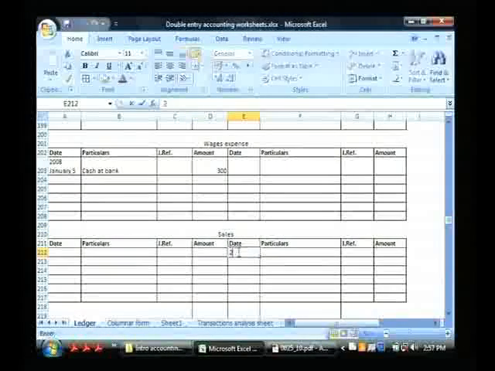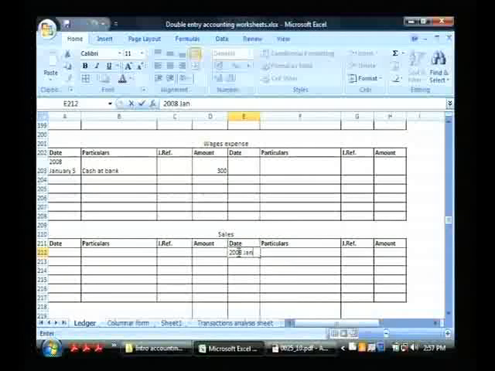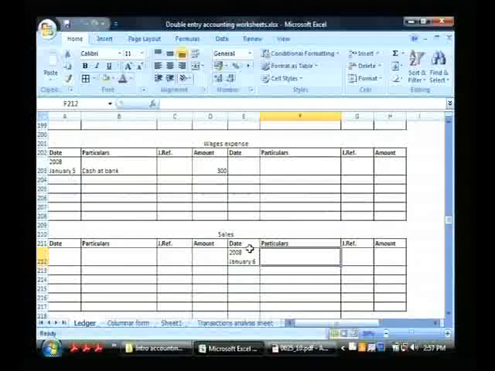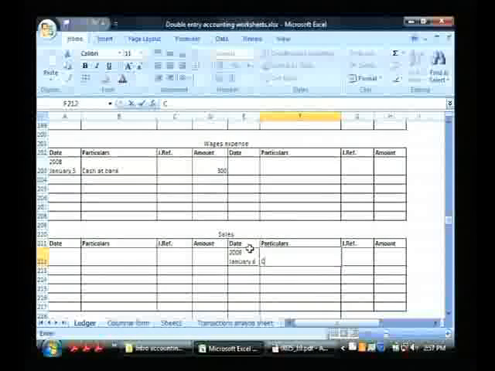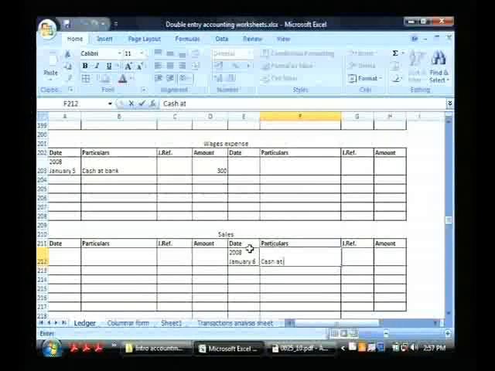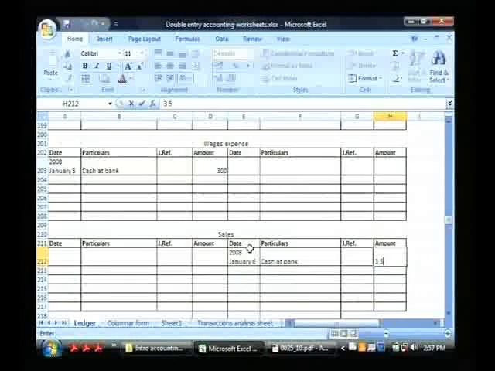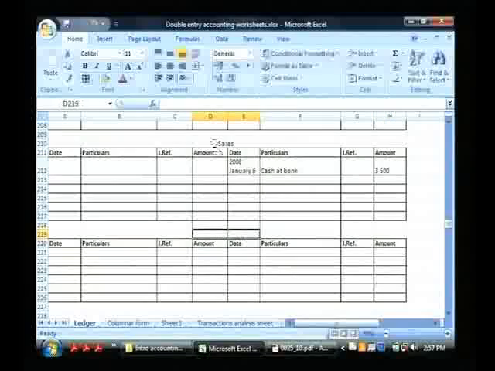Sales credit, and cash at bank debit. Therefore here cash at bank 3,500.